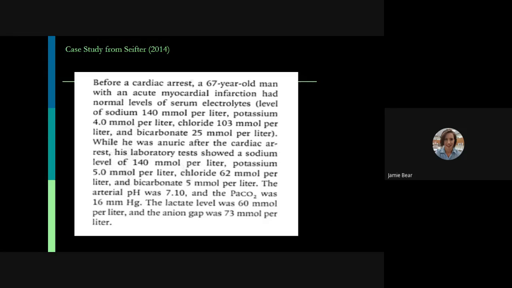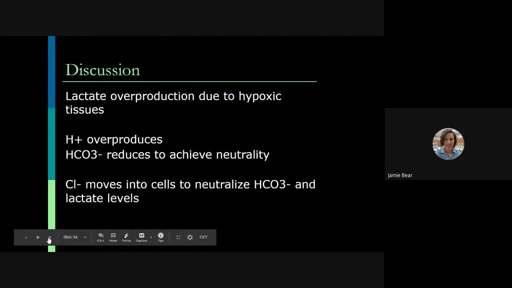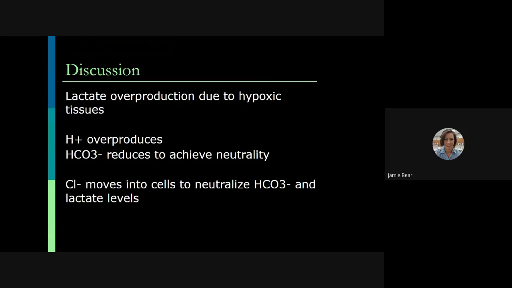Also, the lactate level should only be approximately 2 millimoles per liter, and due to the cardiac arrest, his lactate level is 60. So that is stating that in this person's case, lactate overproduction due to hypoxic tissues really produced a lot of lactic acid, as well as increased that lactate level just due to the overall anaerobic environment.